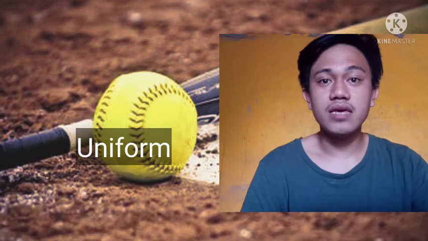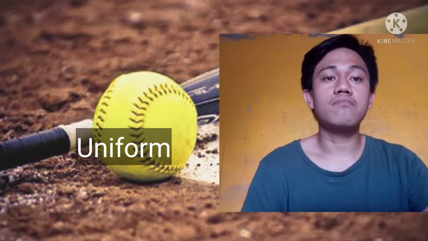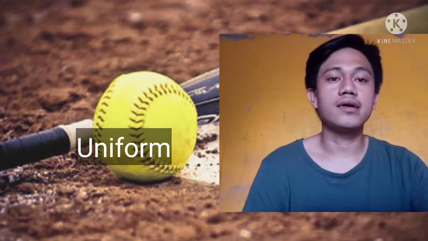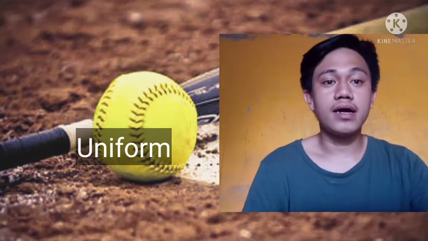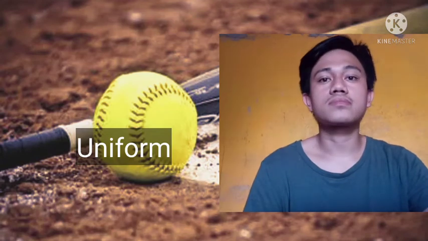And pagdating naman sa names, all individual names must be worn above the numbers on the back of all uniforms para makilala sila ng mga tao at ng mga umpire sa pagdating ng pagtawag ng penalty or any fouls.